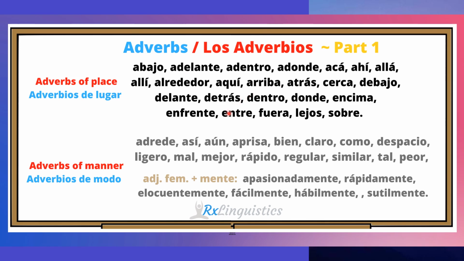Now, if you want to know the precise meaning and write them down in English, you can look them up in dictionaries or in online dictionaries. I'll provide a link at the end of the course for you to go online and search things that you want to search. So here are the adverbs of manner, and they are called los adverbios de modo.